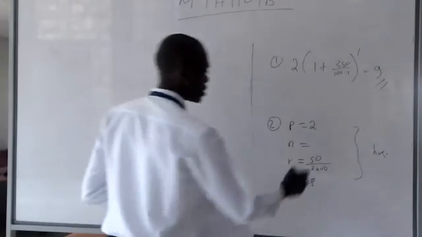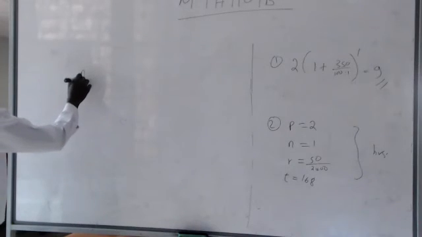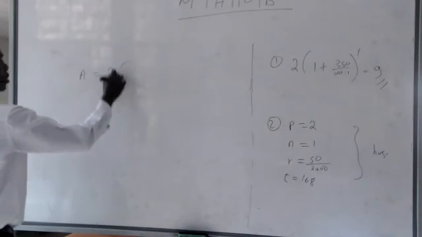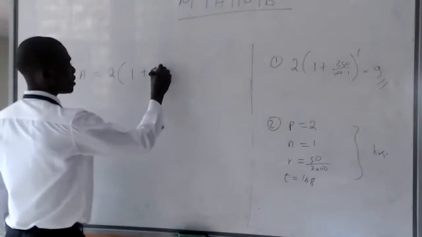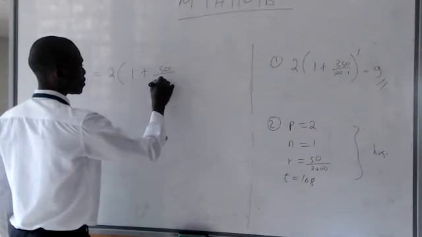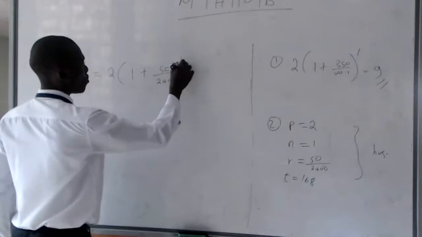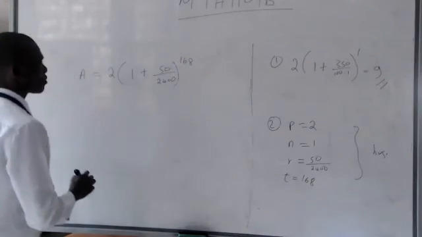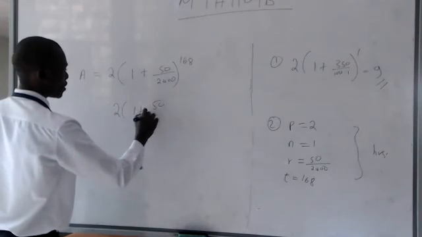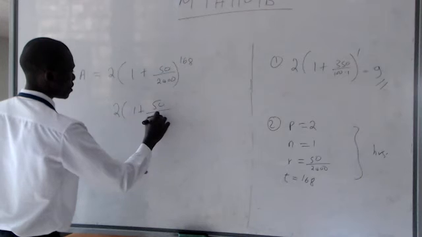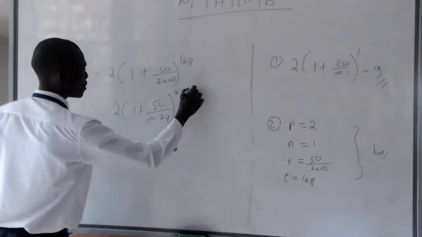So that means you will have the amount as 2 into 1 plus the rate, 50 divided by 2400, raised to 168. Remember, this is the same as 1 plus 50 divided by 100 times 24, raised to 24 times 7.